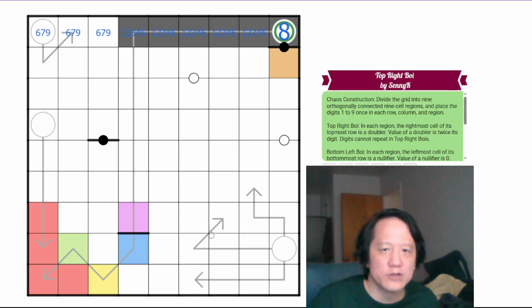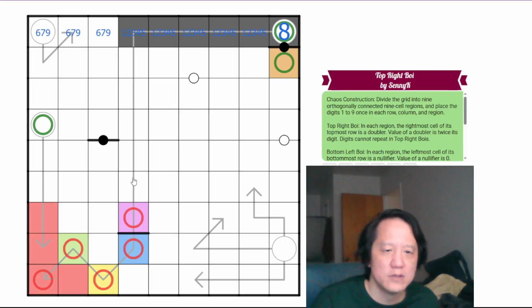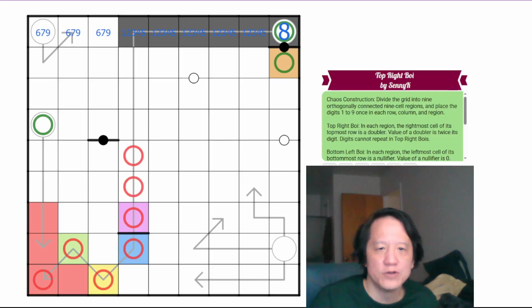So we're going to mark those as green. So these have to be top right boys. This is a top right boy. These have to be bottom left boys here. Up to here. We know that for certain.